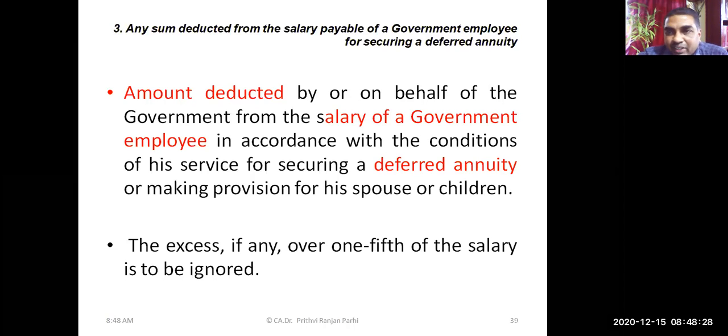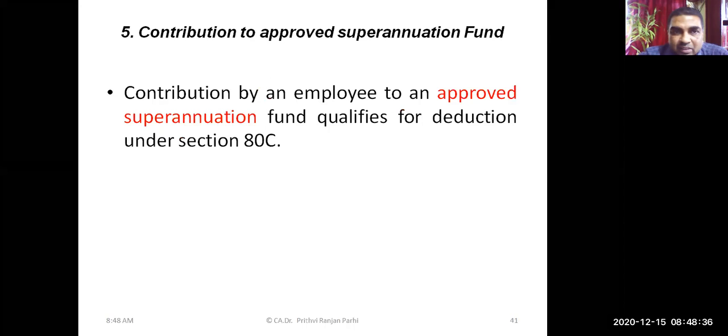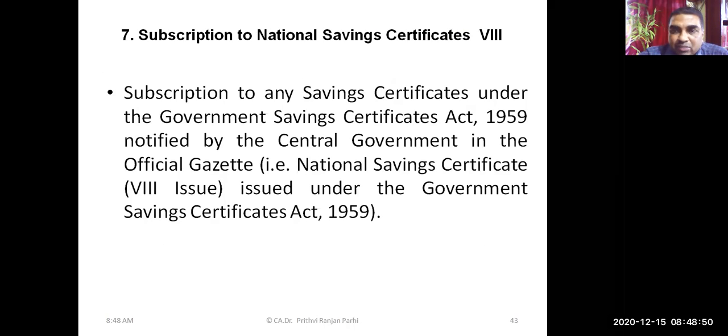Then amounts deducted from salary for securing deferred annuity. The contribution to statutory provident fund, public provident fund, recognized provident fund. All these amounts are eligible for 80C deduction. Contribution to approved superannuation fund, that also we have discussed. Any contribution made to Sukanya Samriddhi account is also eligible for 80C.